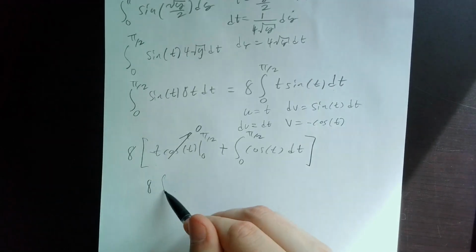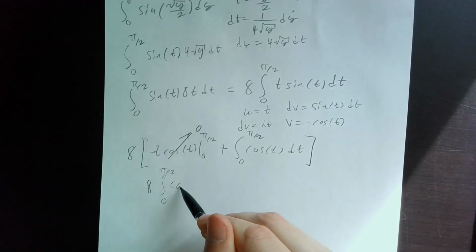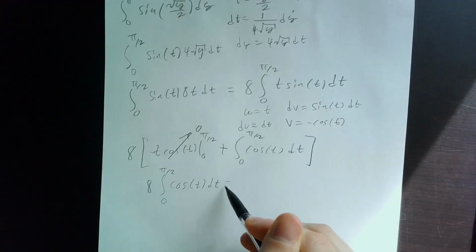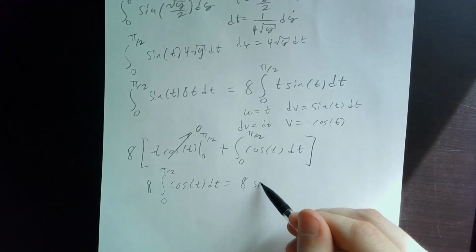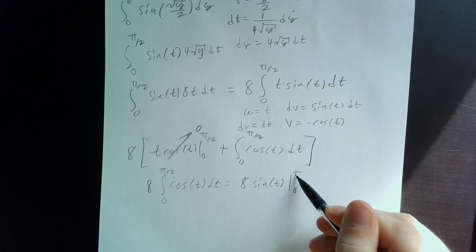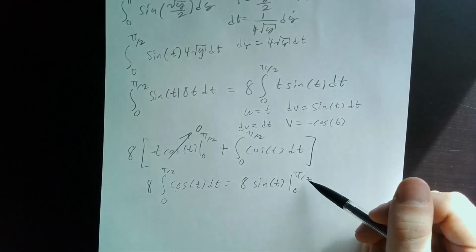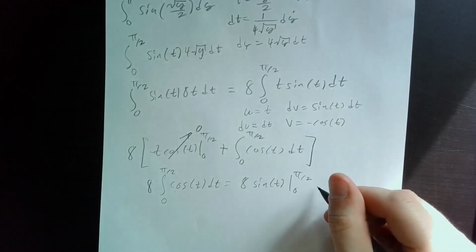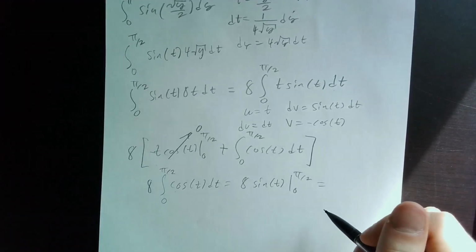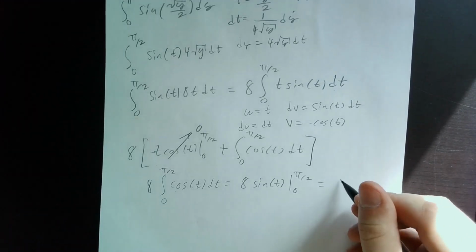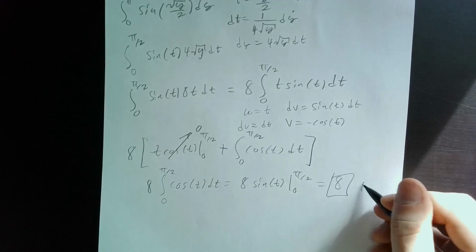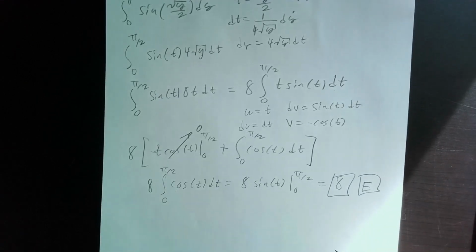Now, we'll have 8 times the integral from 0 to pi halves of cosine of t dt, which is equal to 8 sine of t from 0 to pi halves. Plug in pi halves into sine, that's 1. Plug in 0 into sine, that's 0. 1 minus 0 is 1, which means our answer is 8, which is answer choice E.